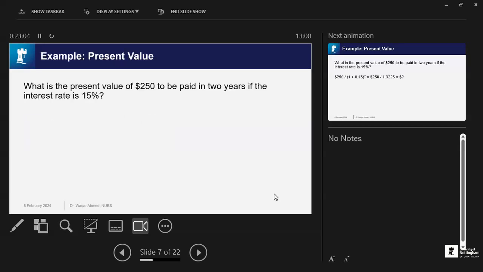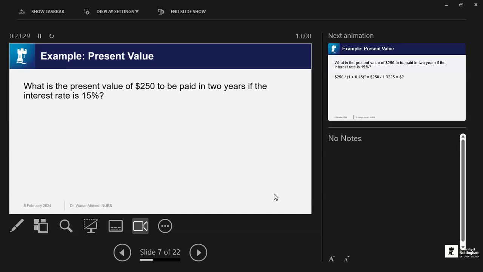Okay. So what I want you to do quickly is this example. What is the present value of 250 to be paid in 2 years if the interest rate is 15%? So what do you have to do? Calculate the present value or the value today, right?